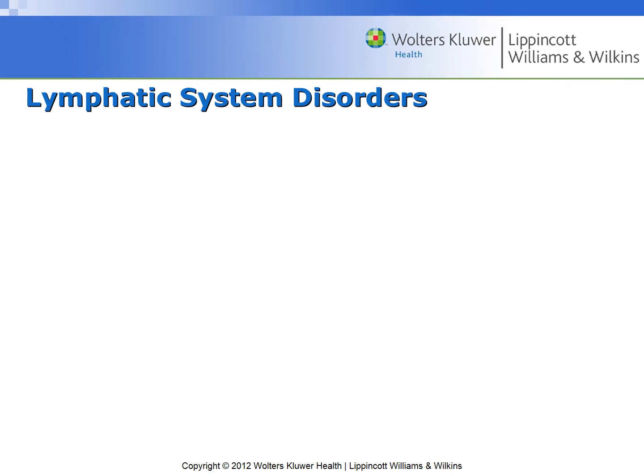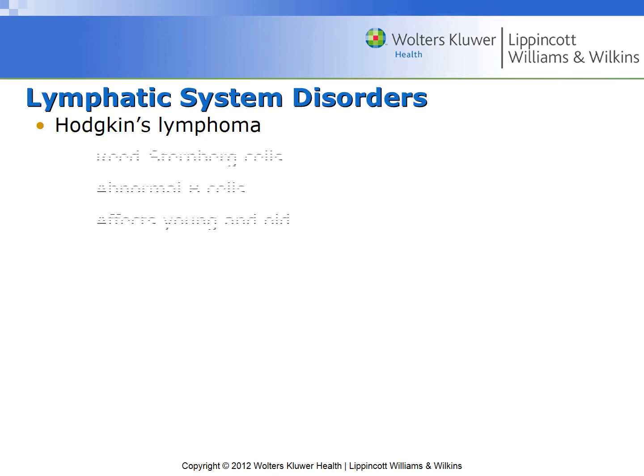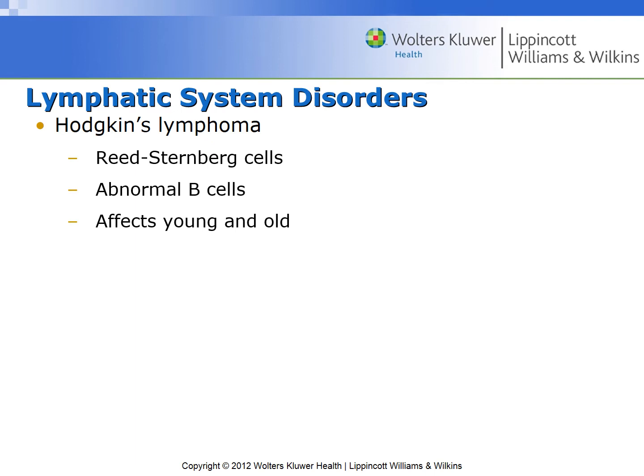Now let's look at the storm drain. All right, Hodgkin's lymphoma. How many types of Hodgkin's lymphoma are there? I'll give you a hint. There's one type of Hodgkin's lymphoma.